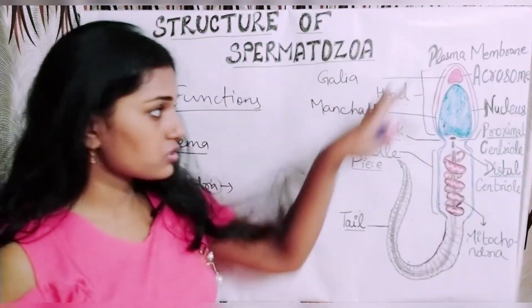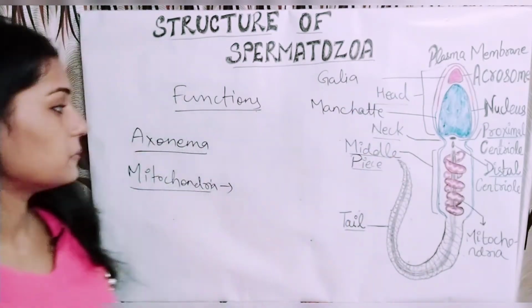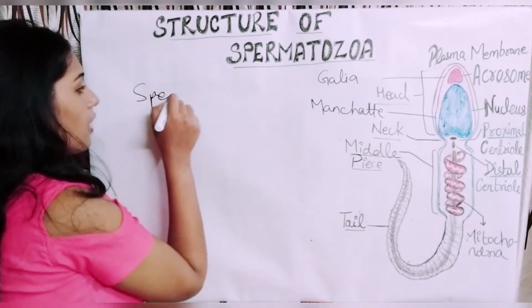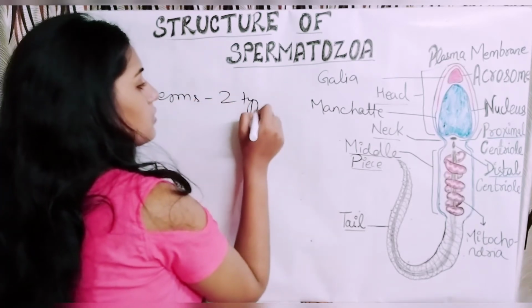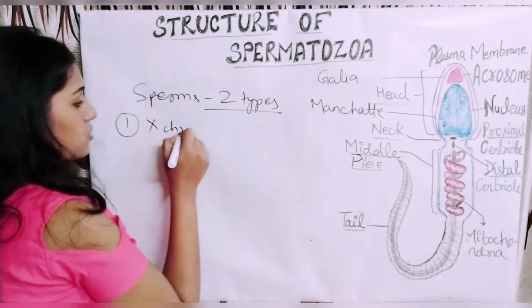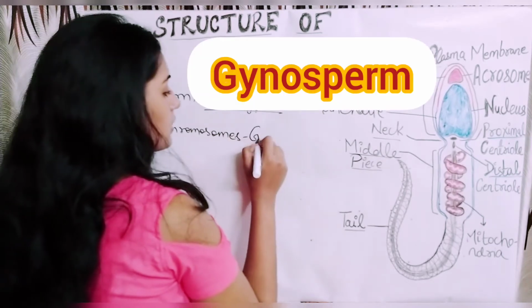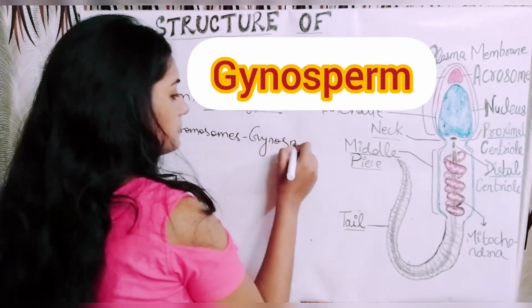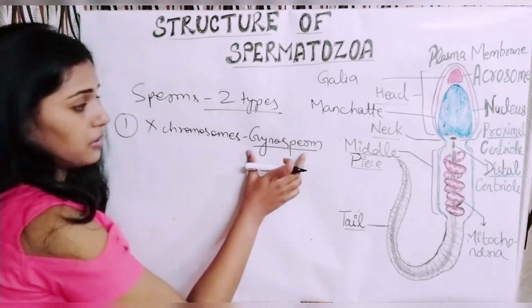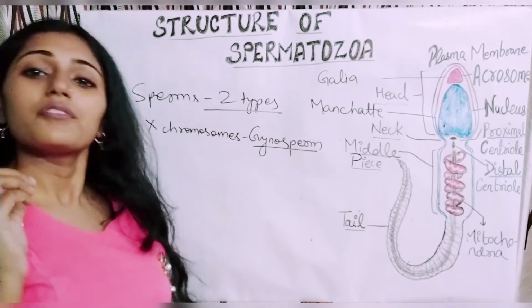So we are done with the structure of the spermatozoa and the function of each part. Now one more thing you need to know, that sperms are of two types. First, the sperm that contains the X chromosome is called gynosperm, since the X chromosome defines the female.